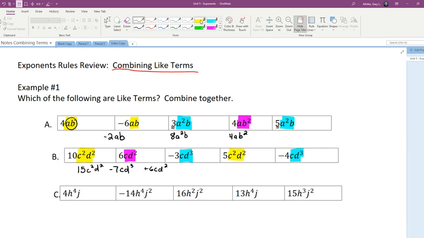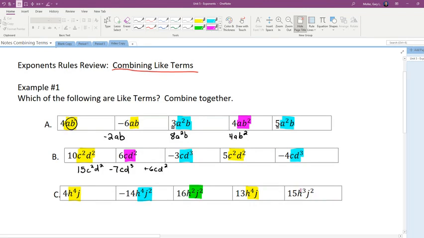All right, last one. H to the 4th J. Not the same, not the same, is the same. H to the 4th J squared, not the same, not the same. So that one is all by itself. H squared J squared, nothing else like that.